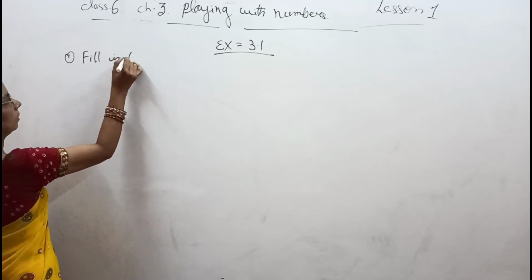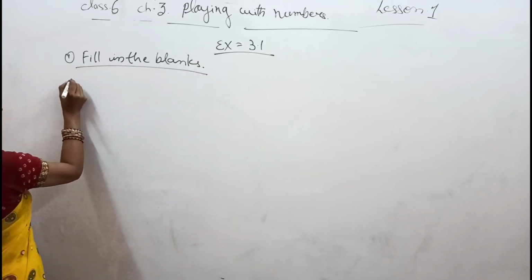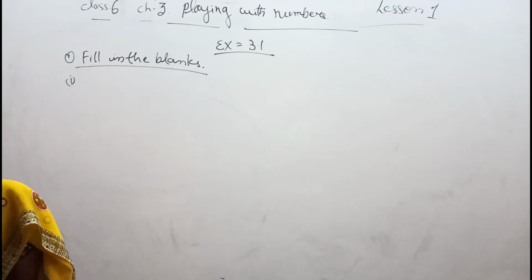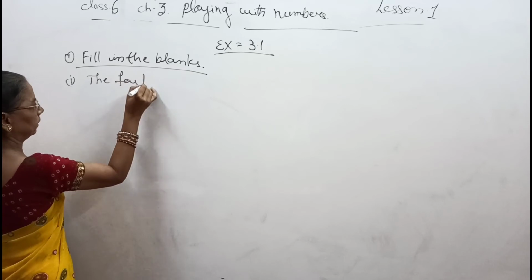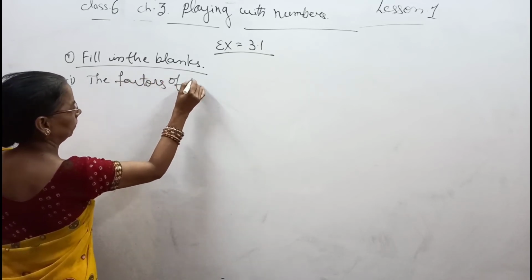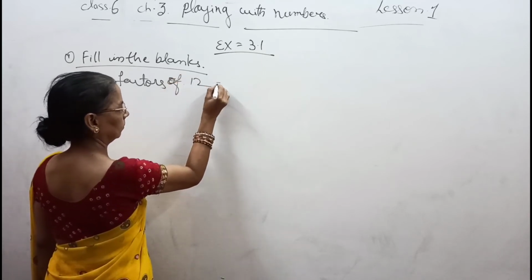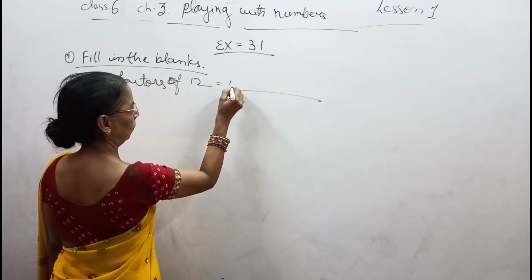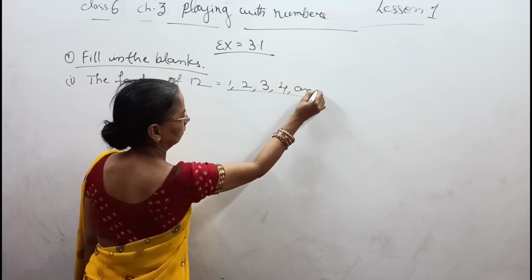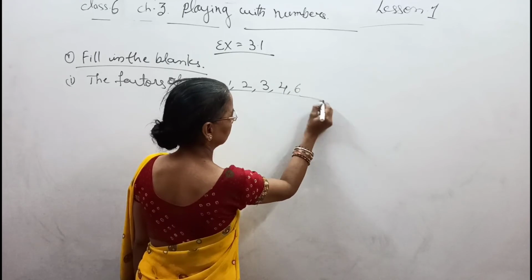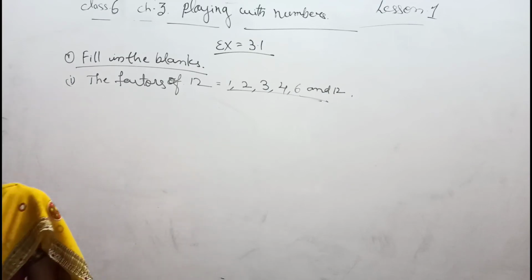Under that, first is the factors of 12. The factors of 12 are 1, 2, 3, 4, 6 and 12. Like this we have to write the factors of 12.